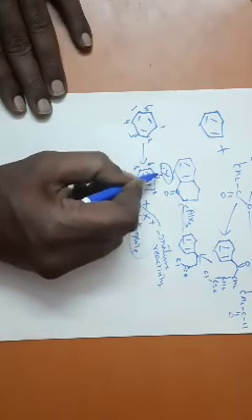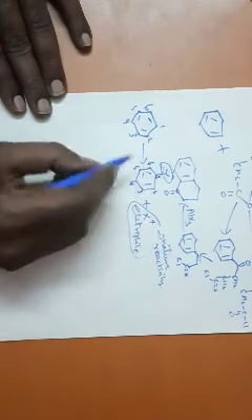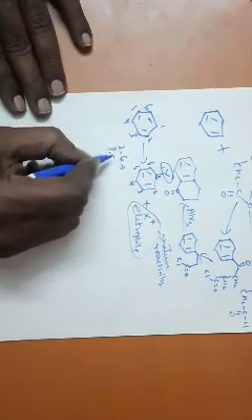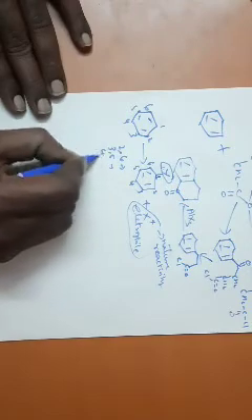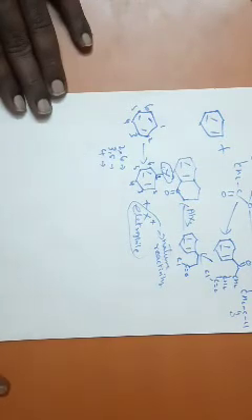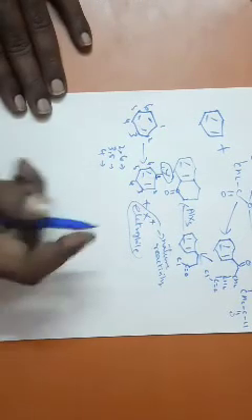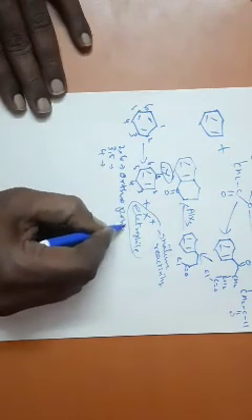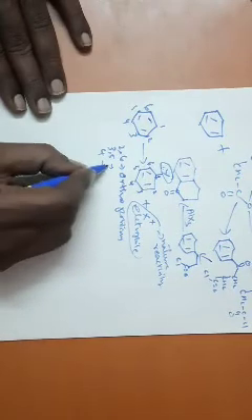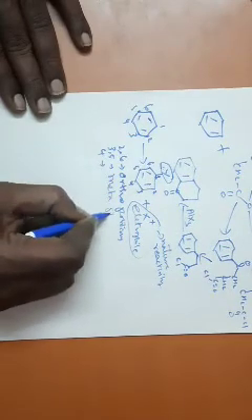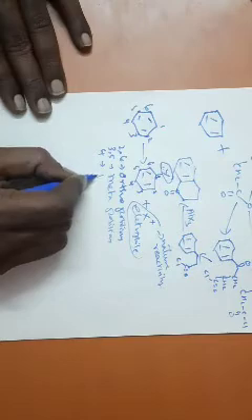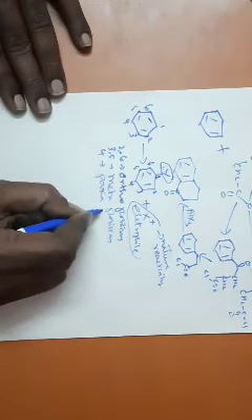Then look at the structure. 2 and 6, they are identical. 3 and 5, they are identical, and 4 is different with reference to the position of Y. Some of you may remember that the 2 and 6 positions are the ortho positions, 3 and 5 are the meta positions in a mono-substituted aromatic compound, and position number 4 is your para position.